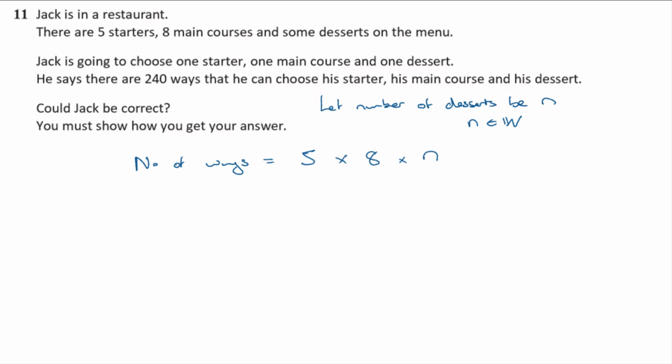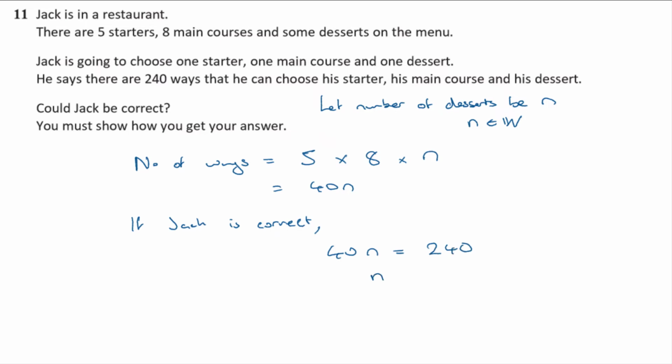Now that is the same thing as 40n, once I know what n is. Now, if Jack says there are 240 ways, so if Jack is correct, then 40n is going to be equal to 240.